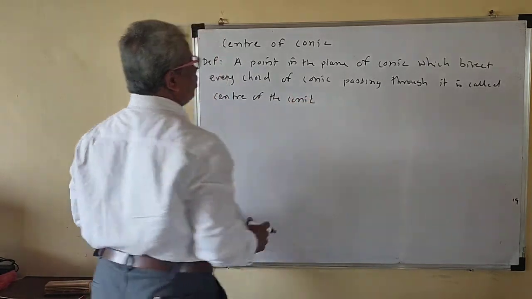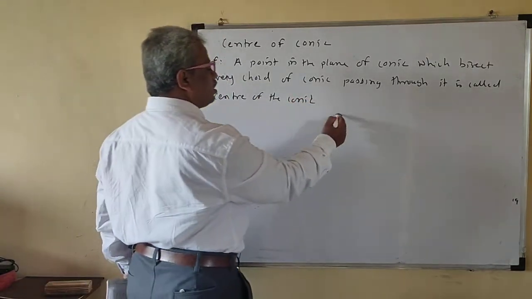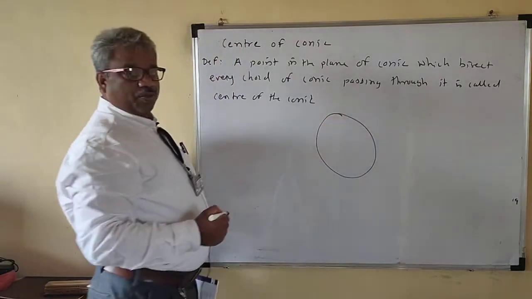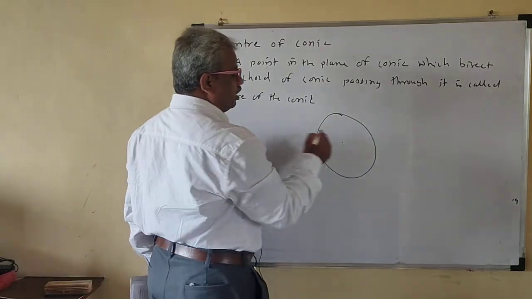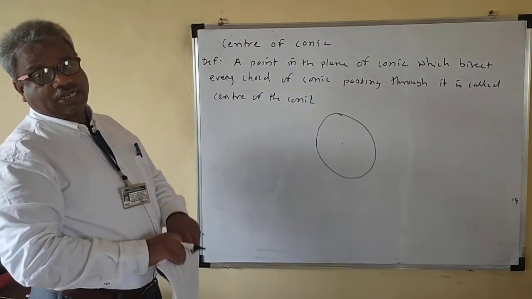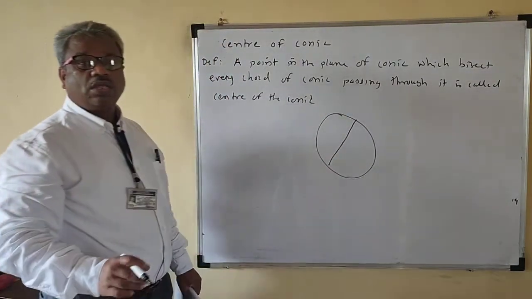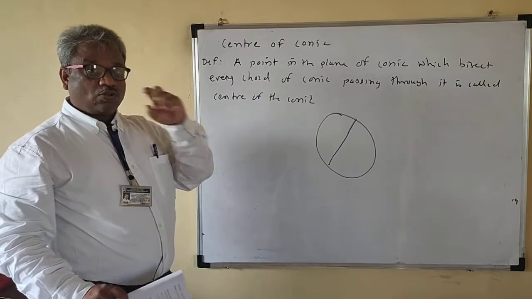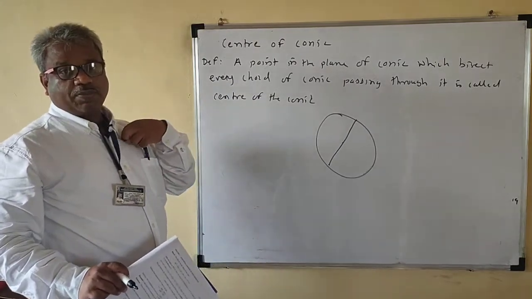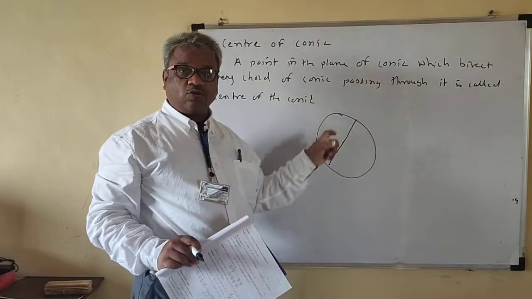Center of the conic means what? Suppose this is a circle. This is the center of the circle. Why is it called the center of the circle? If you take any chord, a chord means the segment joining any 2 points of the curve.